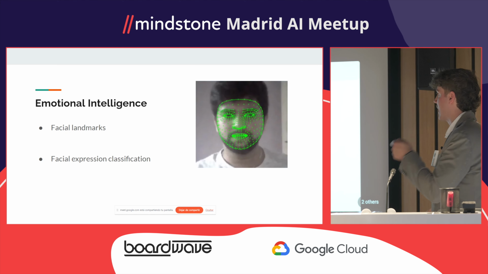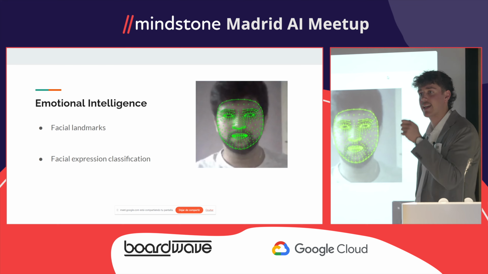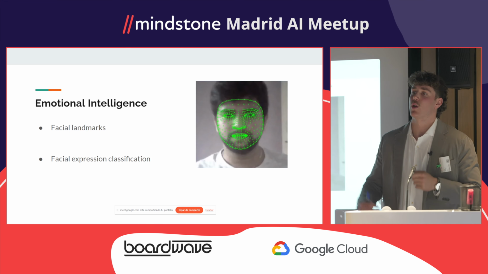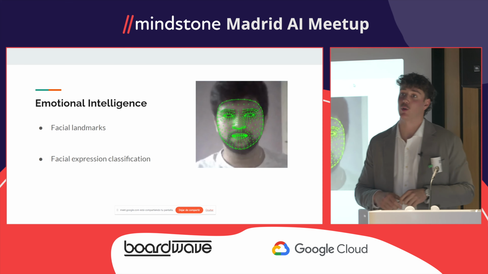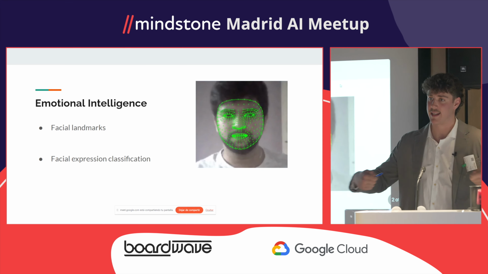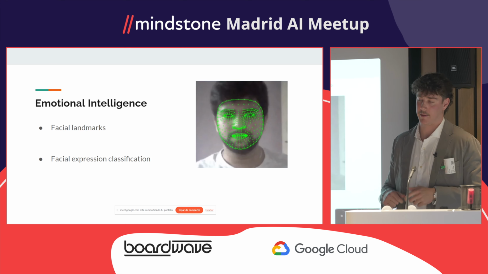So we need to classify them. Once we've identified them, we classify them, and that's where the CNN comes in. Convolutional neural networks will take all of that labeled data, labeled facial expressions, and will be able to classify them depending on the emotion and the features we've selected.